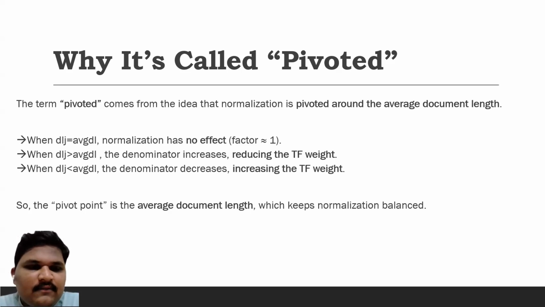When the document length of document j is greater than the average document length, the denominator increases, reducing the TF weight. When DLj is less than the average document length, the denominator decreases, increasing the TF weight. So the pivot point is the average document length, which keeps normalization balanced.